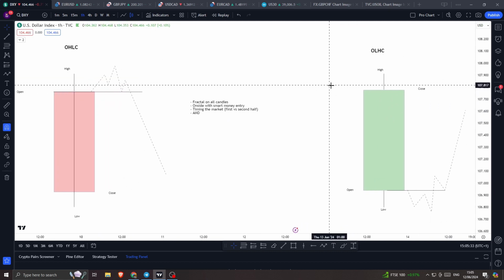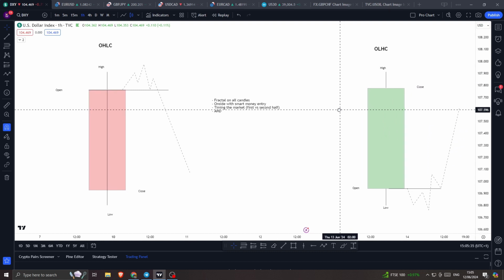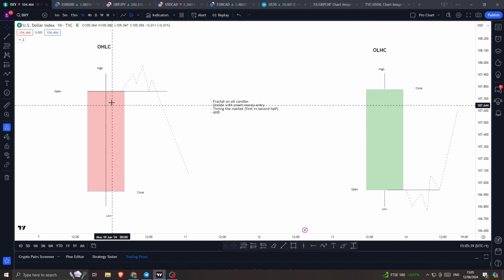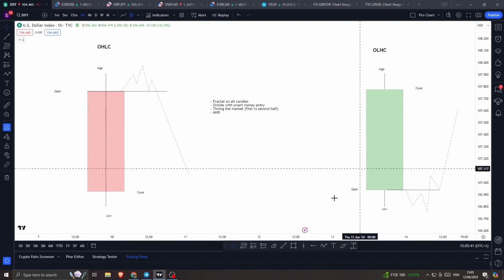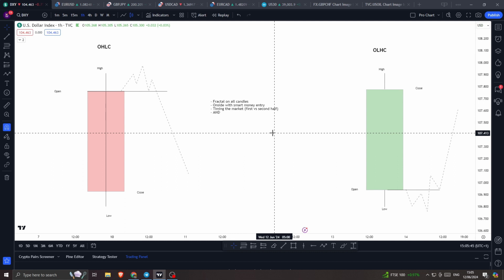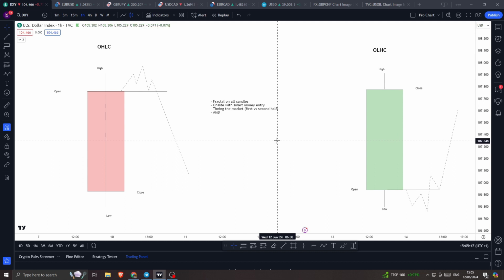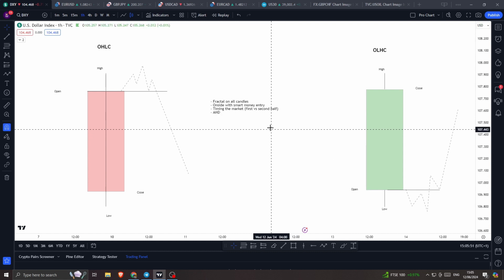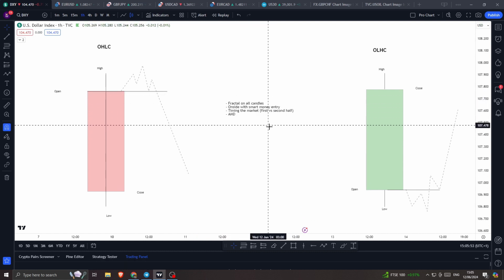A tip: you want to be entering in the distribution, which is the second half of the candle, the majority of the time. So I would advise you to go and backtest this so you can have your own conviction and confidence when using this concept.